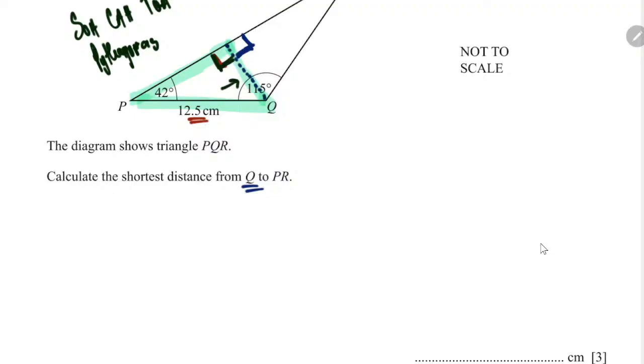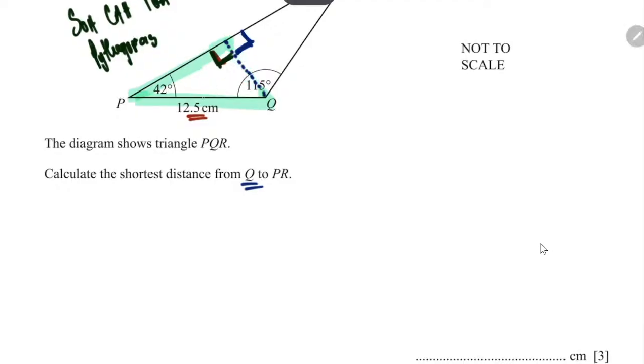Do I have two sides in here? No. We see that we don't have two sides here. There are no two sides that we know, so we cannot use Pythagoras.